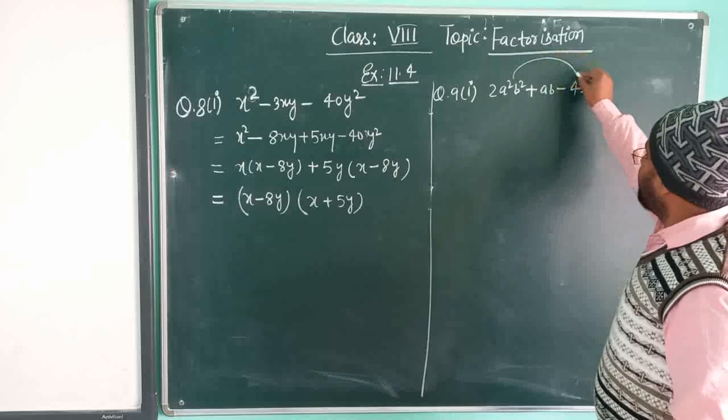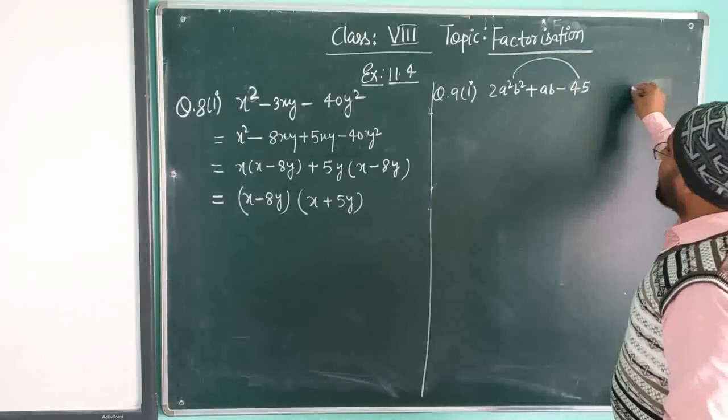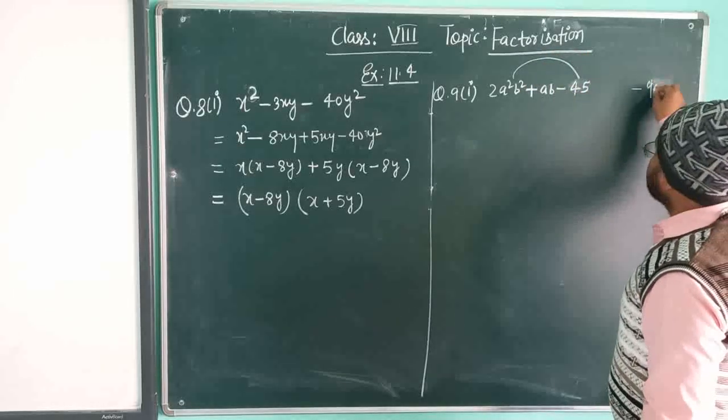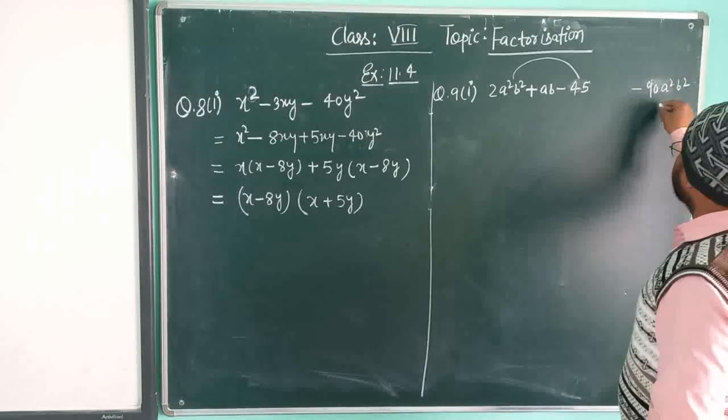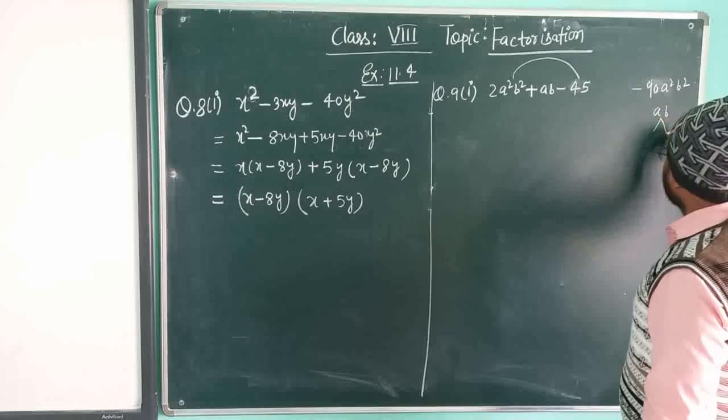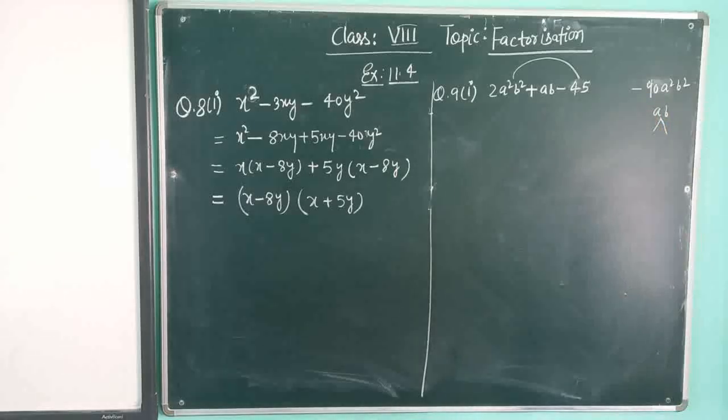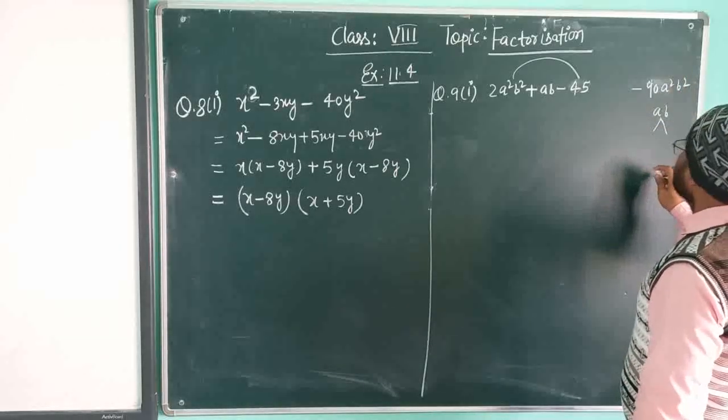Now similarly, we multiply these two terms and get minus 90a²b². Our aim is to break this ab into two terms whose product is minus 90a²b². Easily we can check this one.